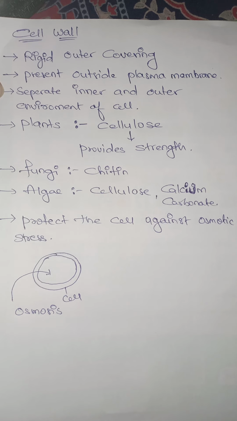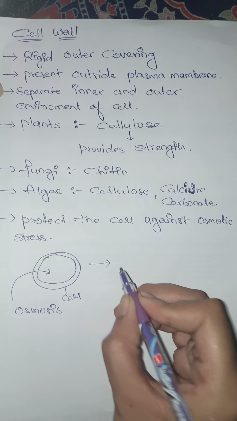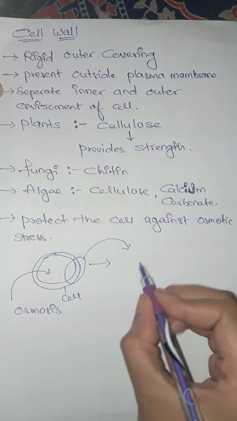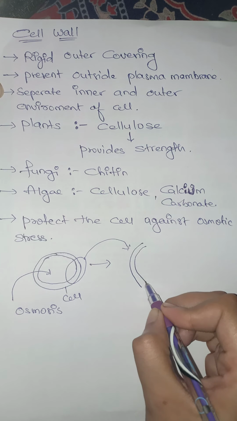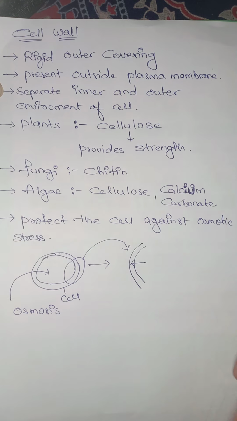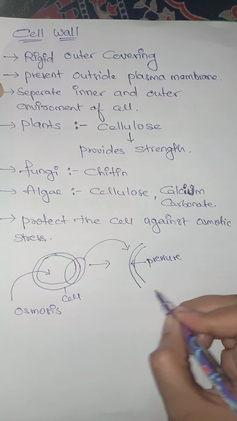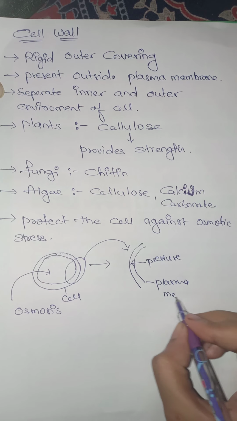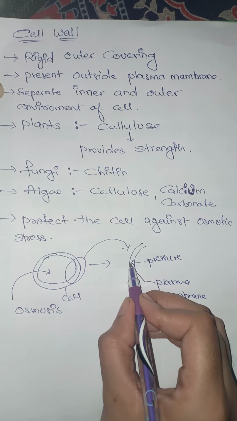Because of this, the plasma membrane is going to put pressure on the cell wall.